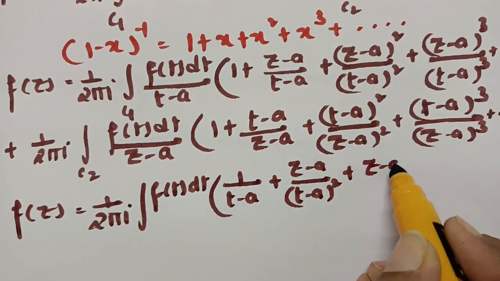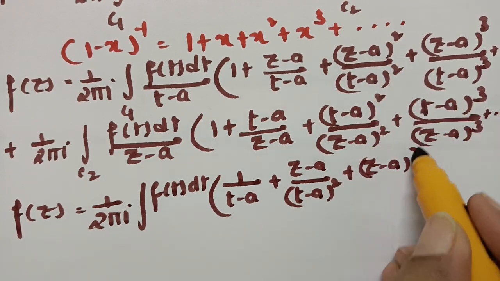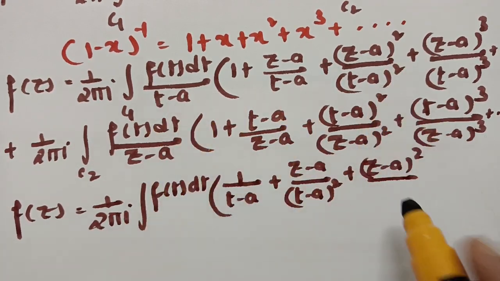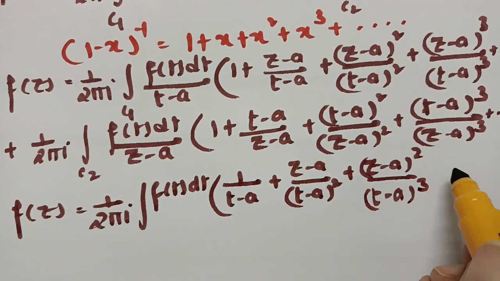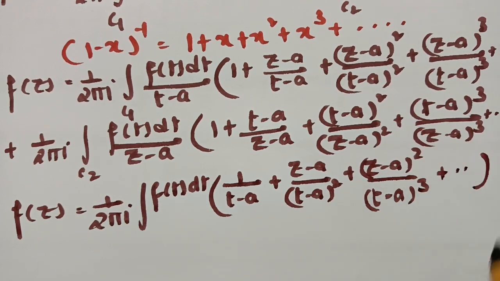So this is (z minus a) whole square by, so if I send it inside, this will be (t minus a) whole cube, plus and so on.